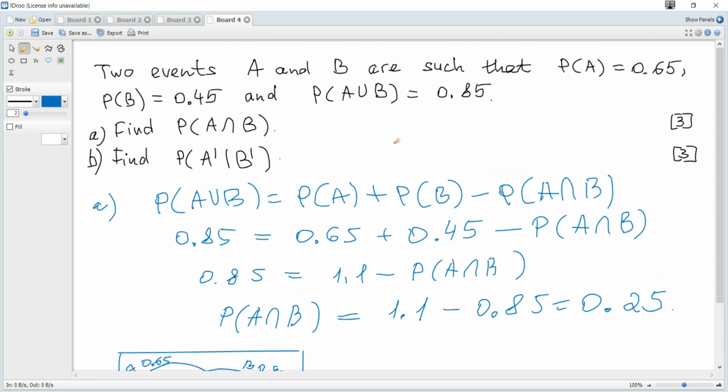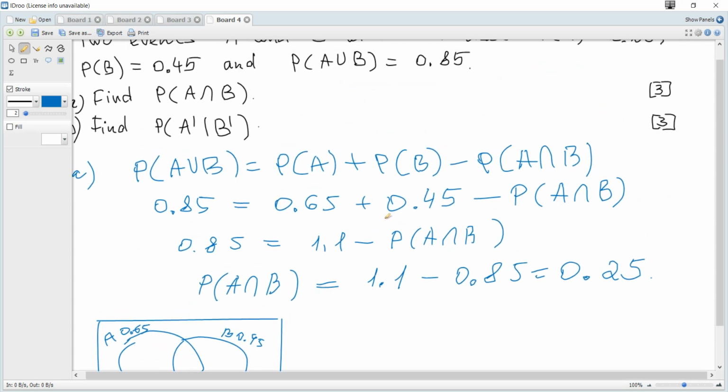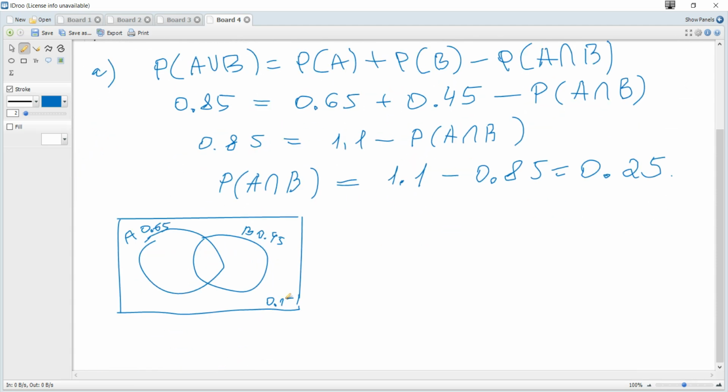And A or B, where is it? It's somewhere within circles. It's A only, B only, or A and B within circles. And hence we can conclude that outside the circles, it's 0.15.